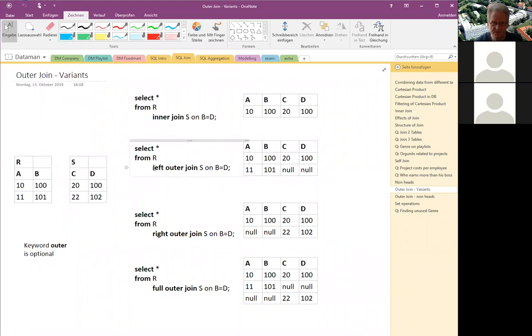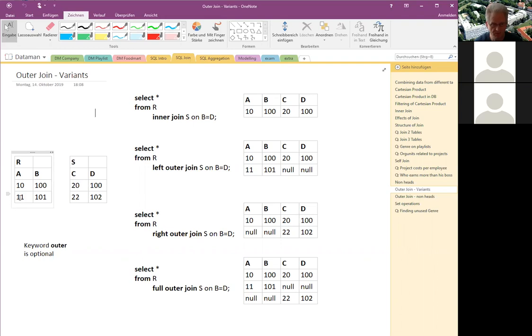And now you see that keyword change here, left outer join. The idea of the left outer join is simply as follows. Take the same result as the inner join, but also take all records from the left-hand table that are not connected.